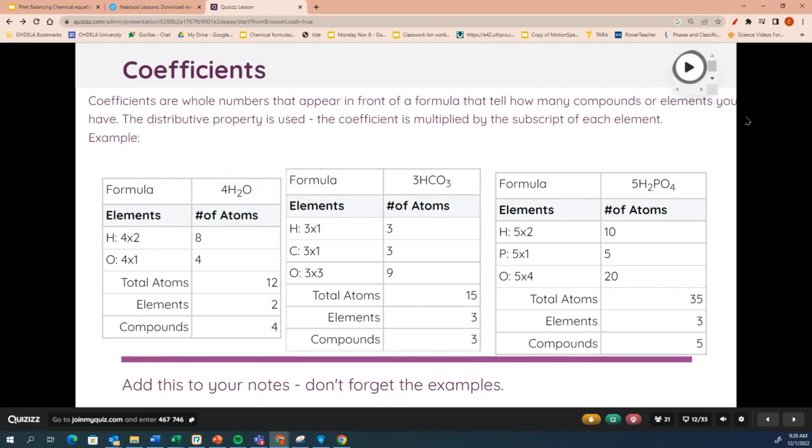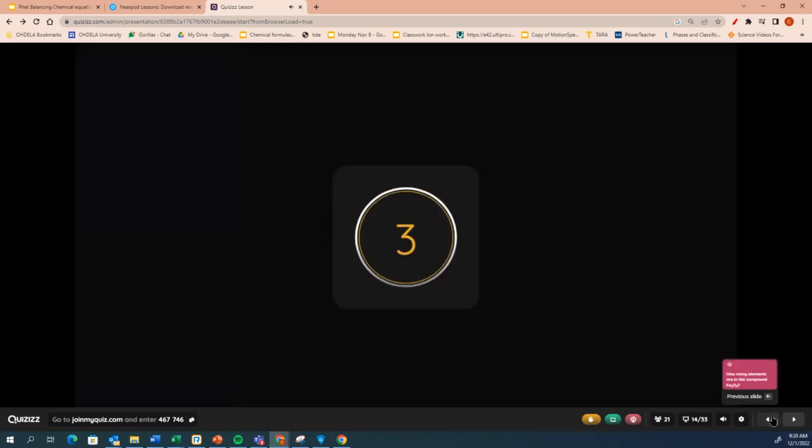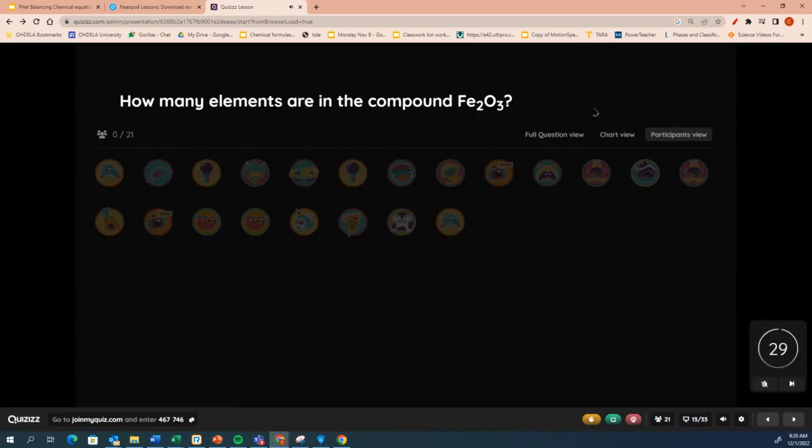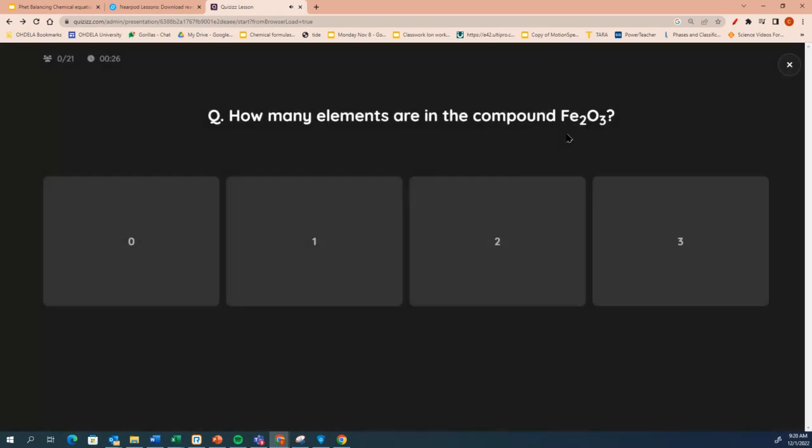Okay, let's see if we got here. See if you can figure this out. Oops, got to go back one. All right, how many elements? Okay, so think about this as your elements here. 2 elements, only 2 elements in here.